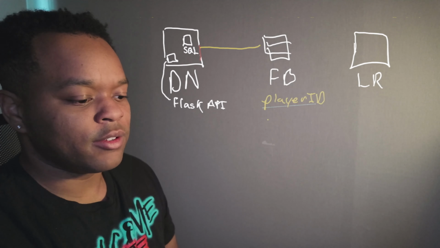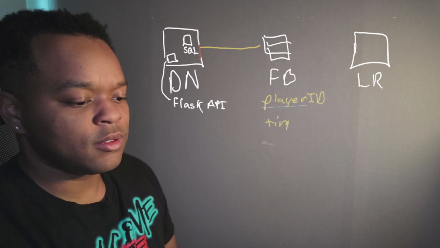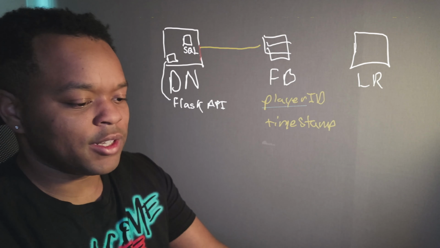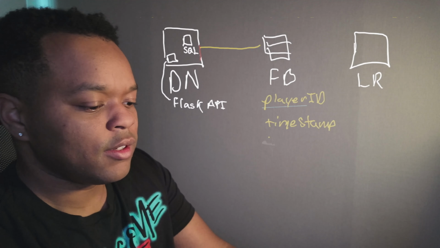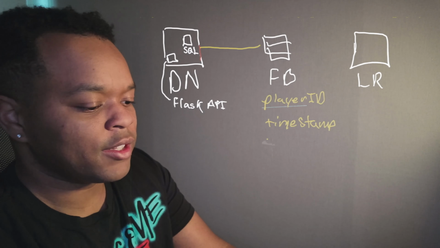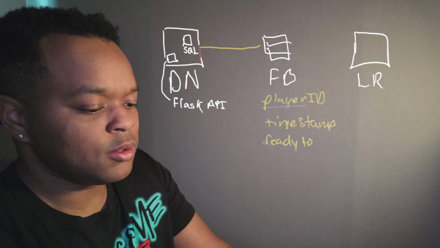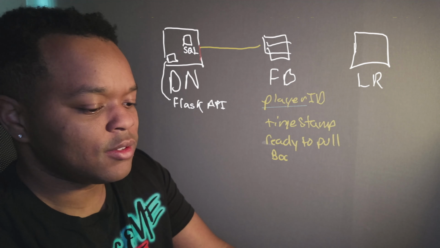It's going to have a timestamp. And then it's also going to have a Boolean value. I think it's called ready to pull. This is a Boolean value.